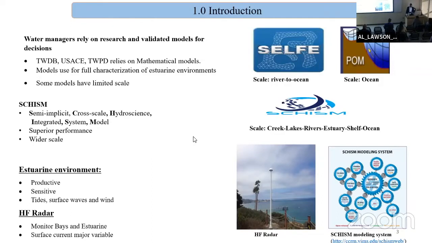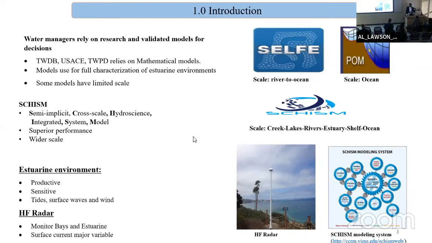But some of these models are limited in scale, and there is need to validate the ones that are presently used, because when they validate a model, it gives a layer of trust to these managers to base their decisions on the model. By validation, I mean comparing what the model gives with observation.